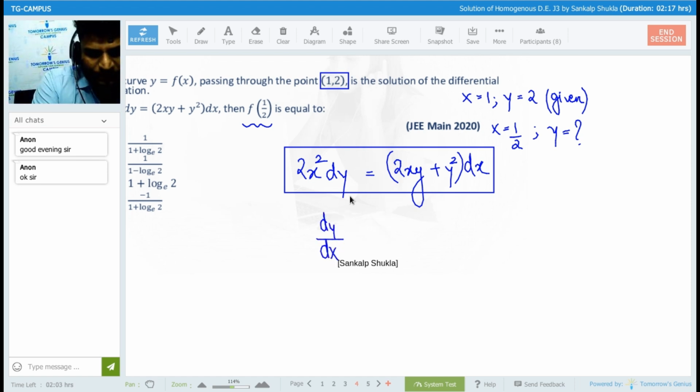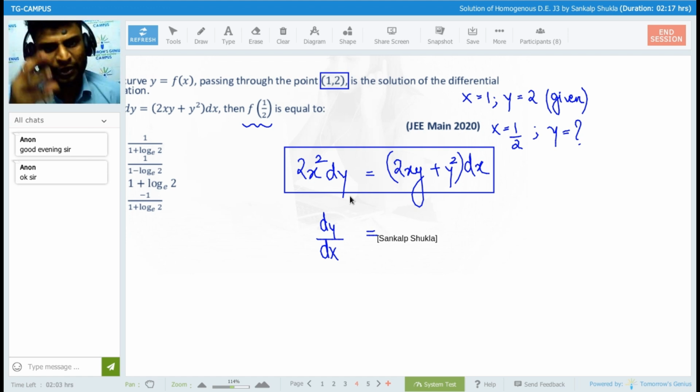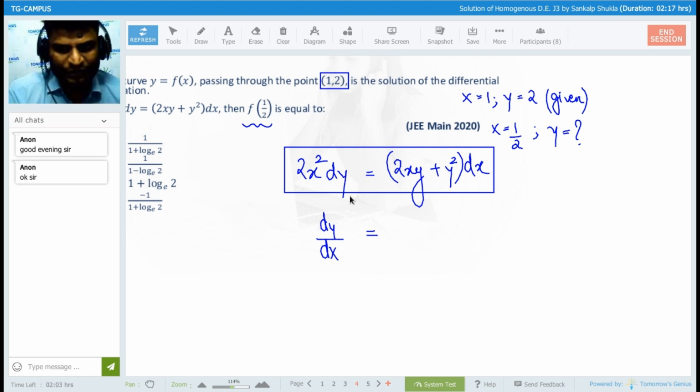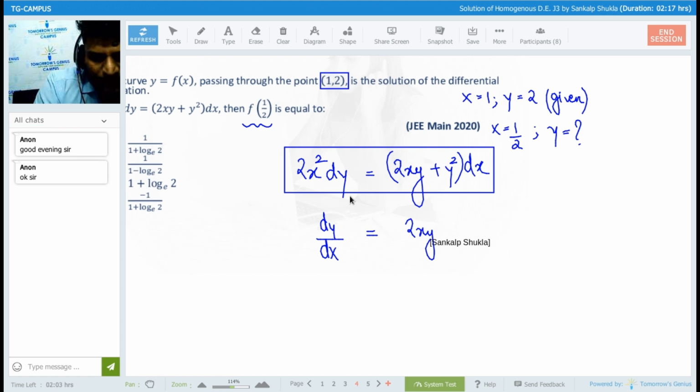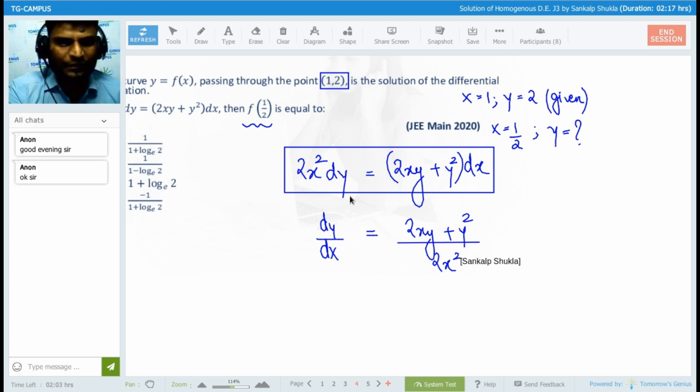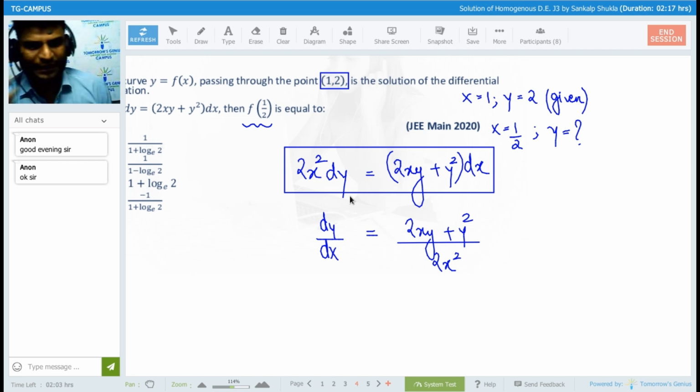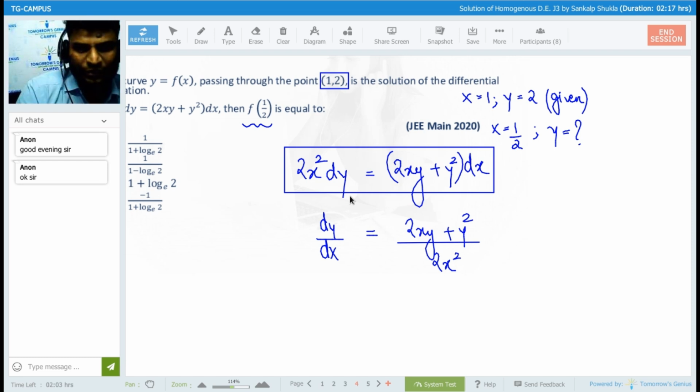See, I'll first bring my dy by dx term. So dy by dx will be (2xy plus y square) divided by 2x square. Okay, now just analyze the trick, whether this is a homogeneous differential equation or not. What is the total power of 2xy?